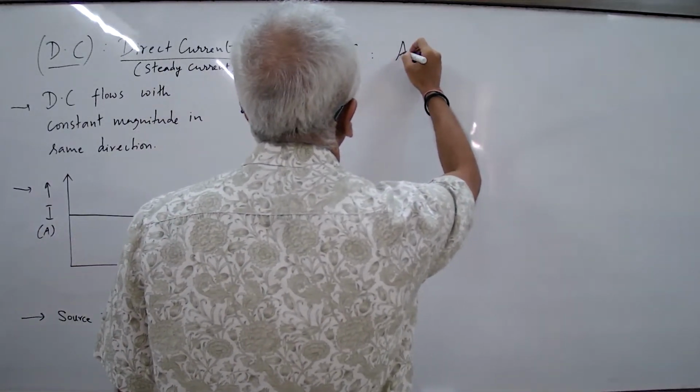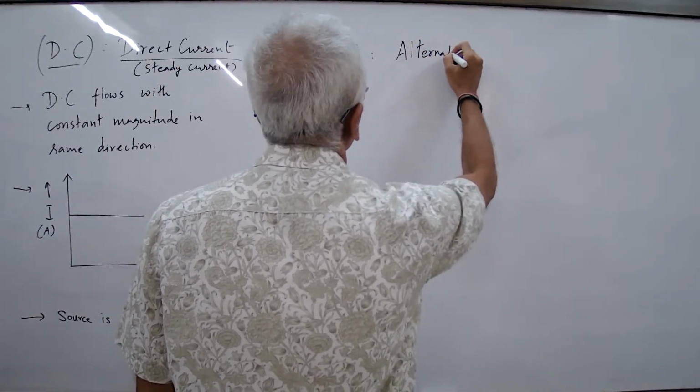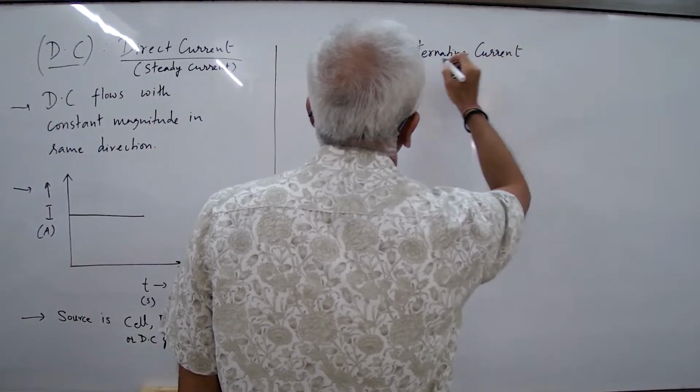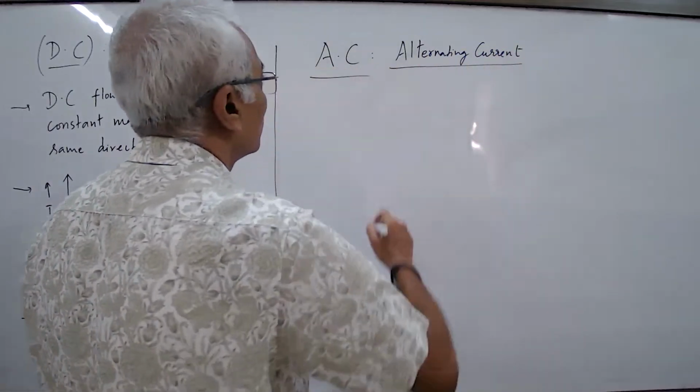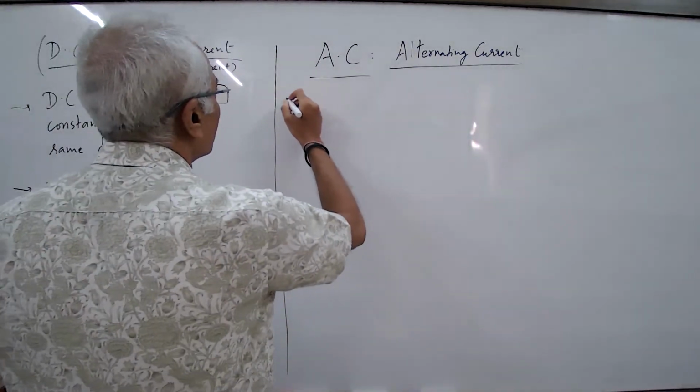Basically reverse. So as the name suggests, alternating current. Alternating in the sense, not only alternating, its magnitude constantly changes.